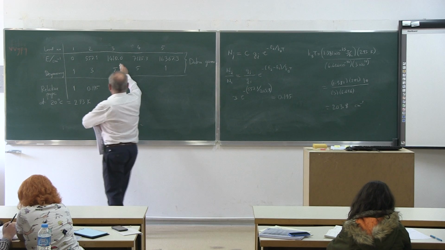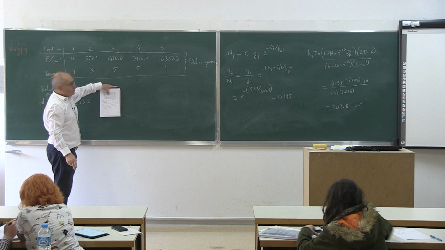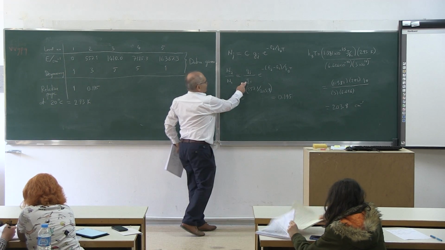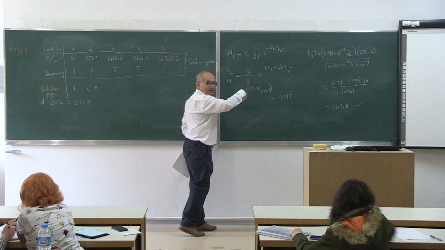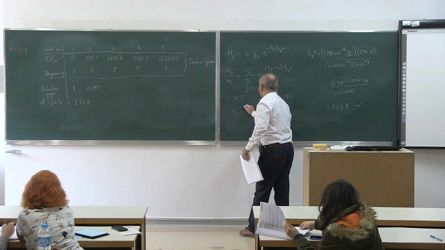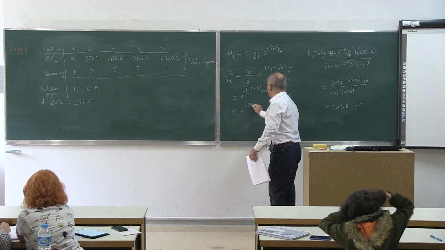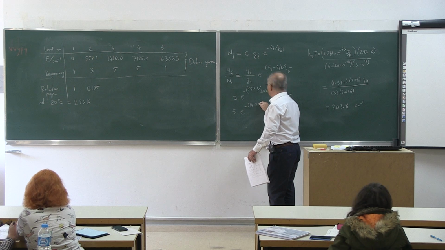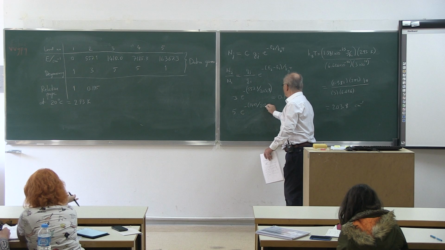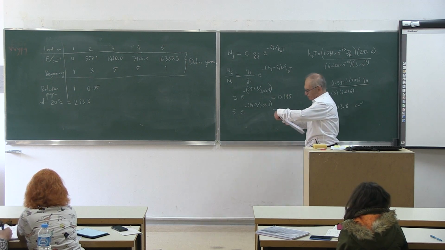Then repeat the same thing with this level here. The degeneracy is 5. Remember, the degeneracy g1 is 1, so it's not included. For the third level, it is 5 times e to the minus 1410.10 divided by the same number, 203.8, and do the calculation.